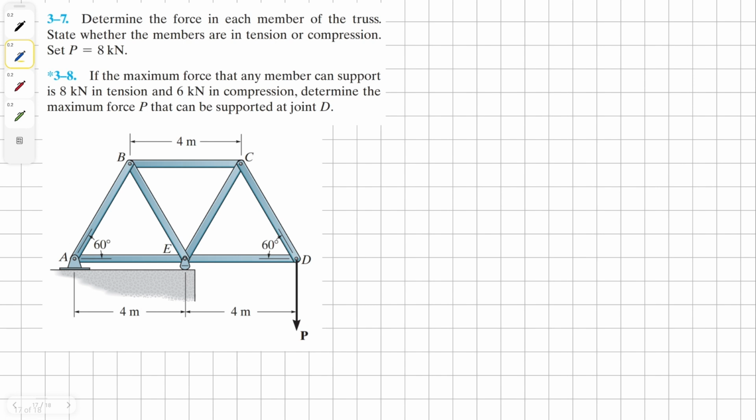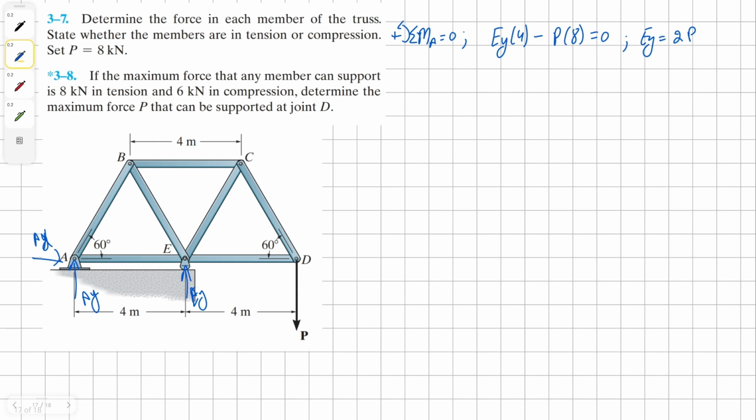To solve this, once again, just like the problem before, we need to determine one of the external forces, and we're going to solve for EY by taking the moment about the point A. It's going to be EY counterclockwise, and then clockwise B, all equal to 0. Solving for EY, we get our solution as 2P.